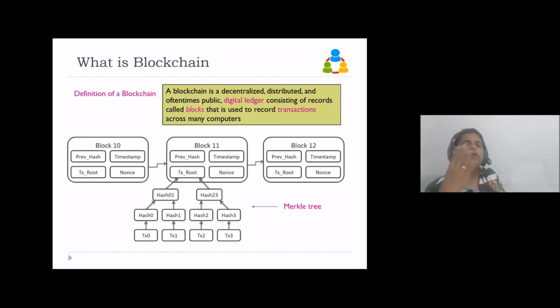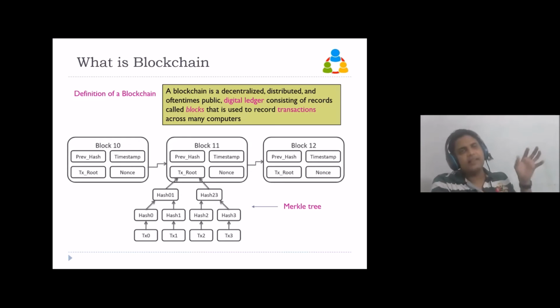You will have to delete all your data and sync up from the 0th block, from the beginning, all the transactions from block number 0 to block number 100, whatever have happened.